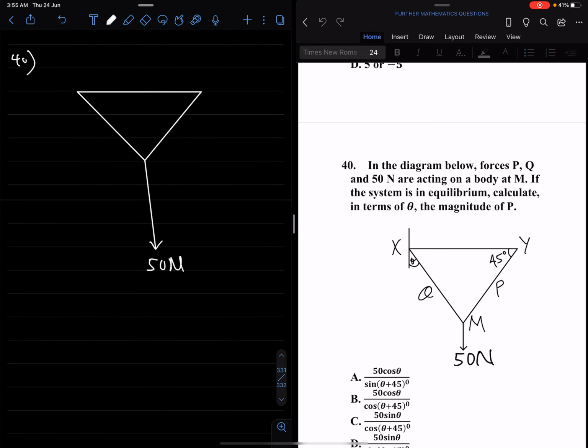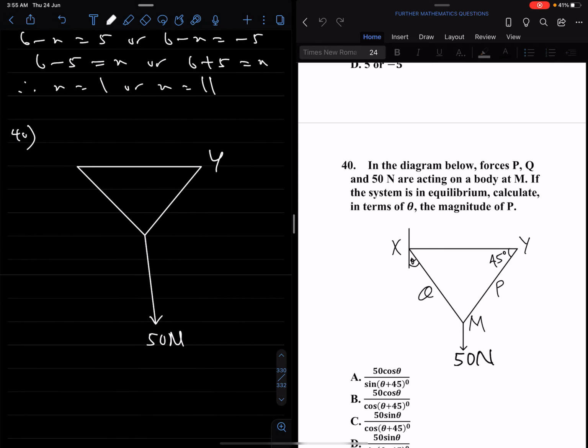This force is 50 newtons. This is y. This is x. This is theta. And this is 45 degrees. Q, P, and they all act at point M.